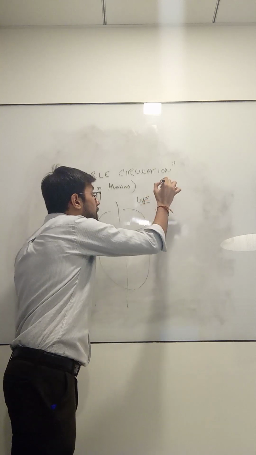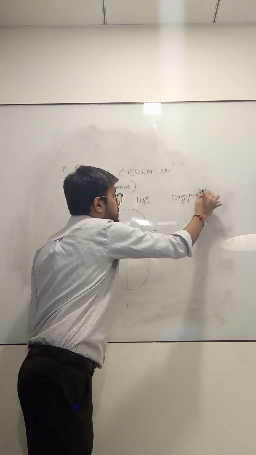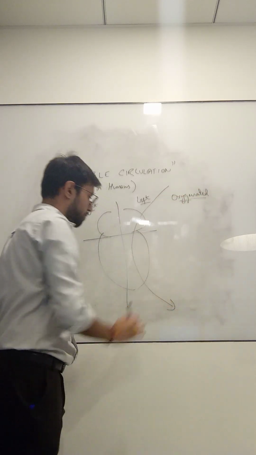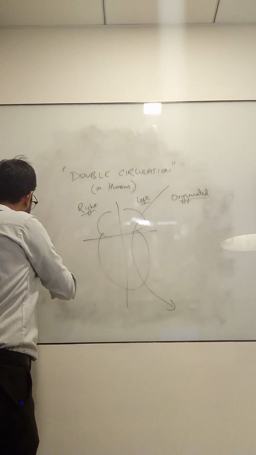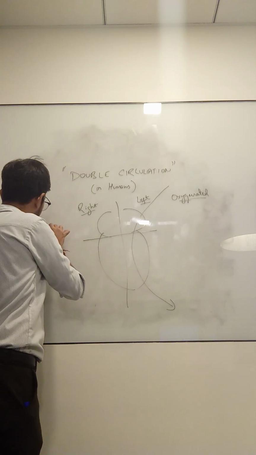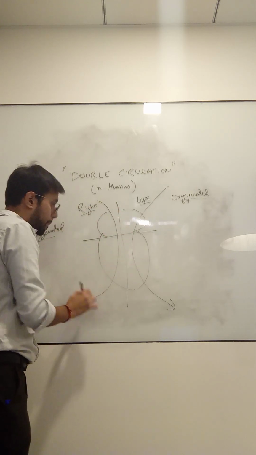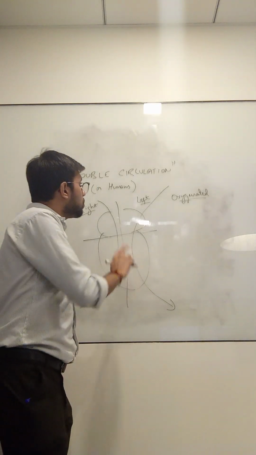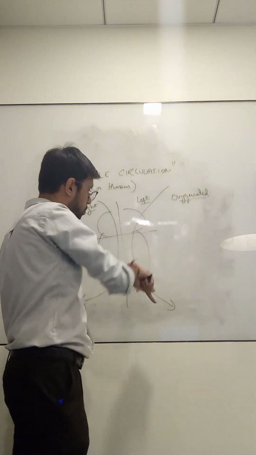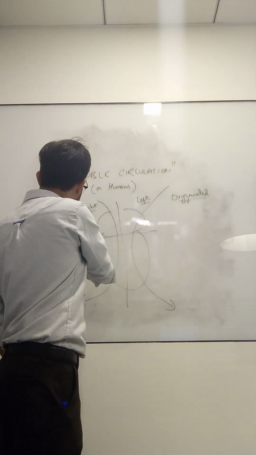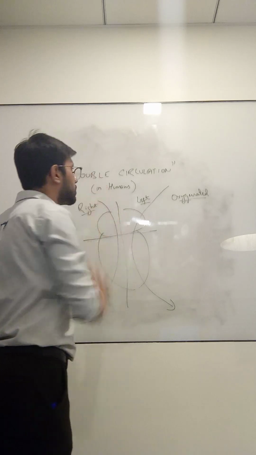There would be oxygenated blood, the blood that carries oxygen, passing through the heart, and there would also be deoxygenated blood passing through our heart. So one time it's oxygenated, one time it's deoxygenated, two times the blood is getting circulated from our heart, hence it is called double circulation.